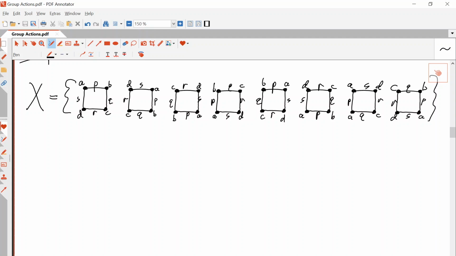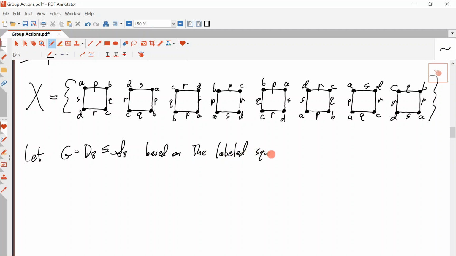All right, now let G equal D8, but this time as a subgroup of S8 based on the labeled square. So the vertices we're going to have labeled 1, 2, 3, 4.